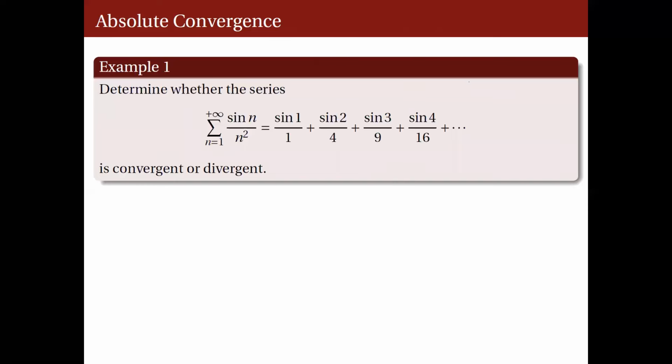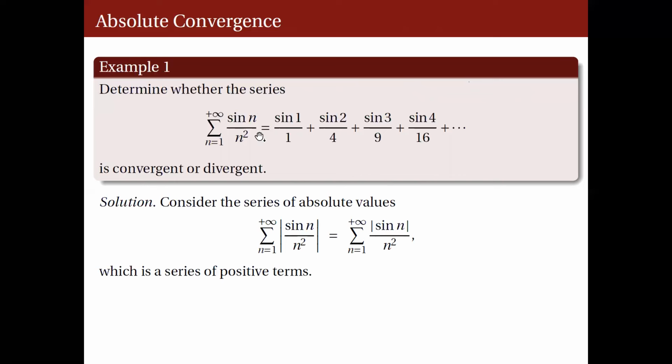So to do that, we begin by considering yung series of absolute values. So summation, sin n over n squared absolute value, n from 1 to infinity. Okay. So as you can see, sure na tayo na yung a sub n dito ay positive na ang terms, dahil sa absolute value.